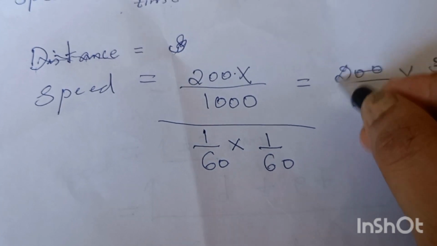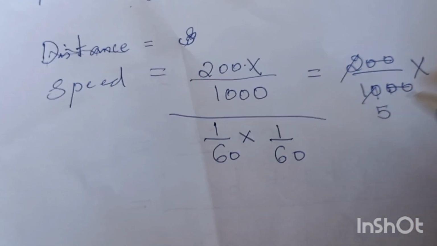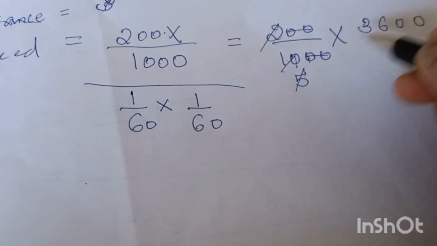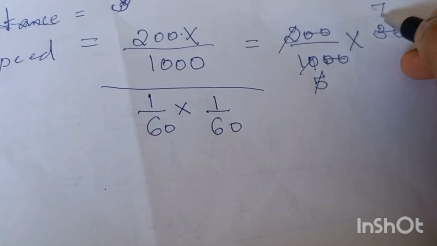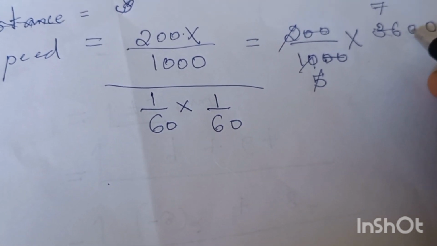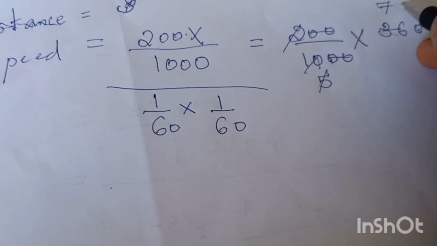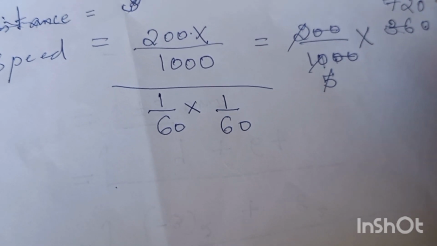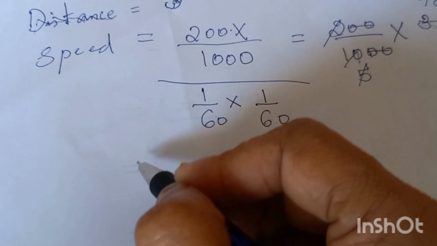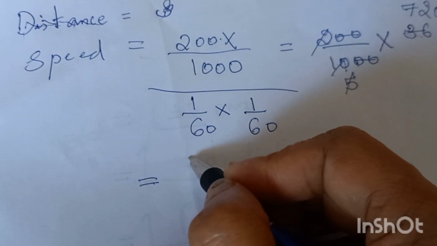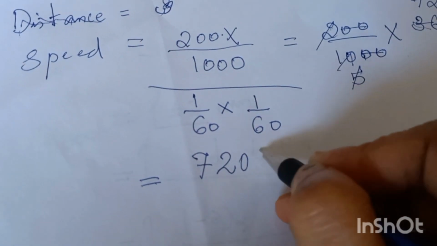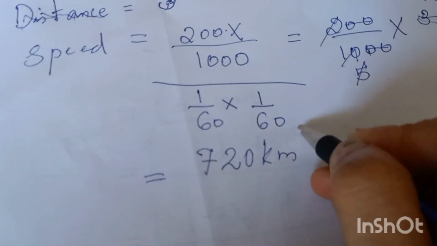Then after simplifying, 2 5s are 10, 7 5s are 35, 10. So we get 720 kilometer per hour, isn't it? 720 kilometer per hour we get.